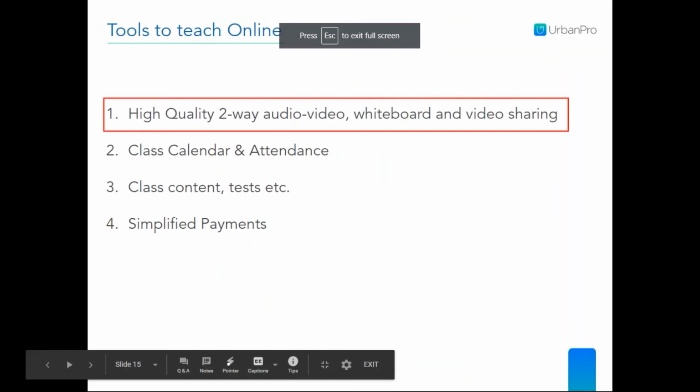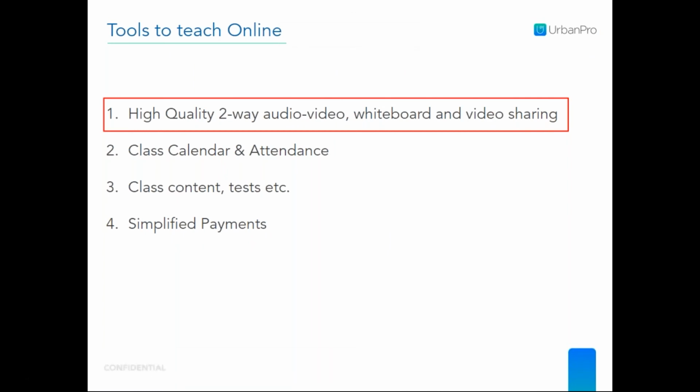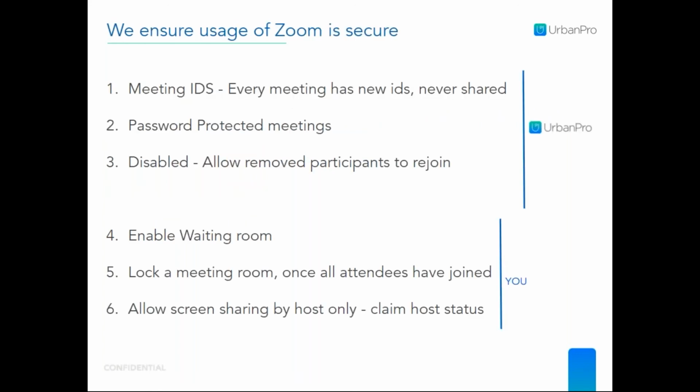Now we are done with scheduling and conducting our class. So before we move on to the calendar, let's talk a little bit about the Zoom system itself. I'm sure you've all heard a lot about Zoom. And what I can tell you about them is that they have been working a lot on updating their security and making their platform even more secure than it was before.